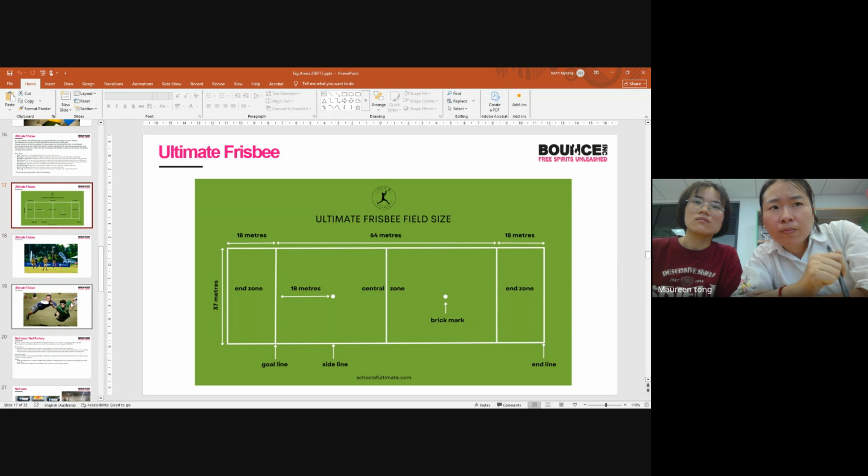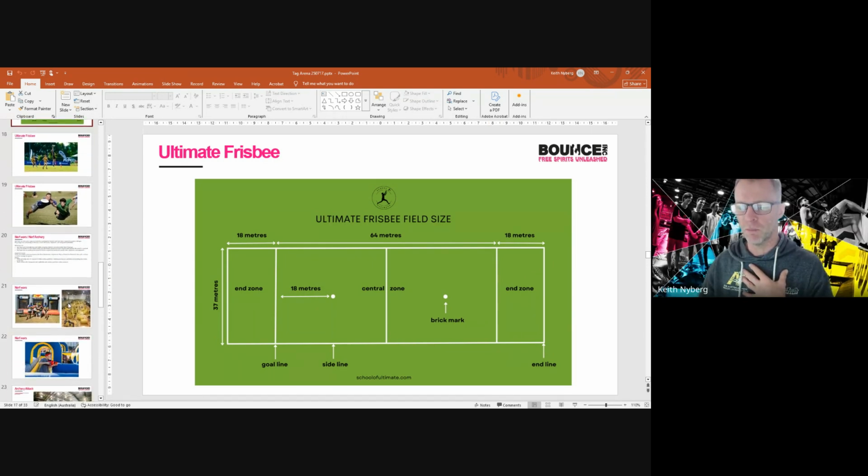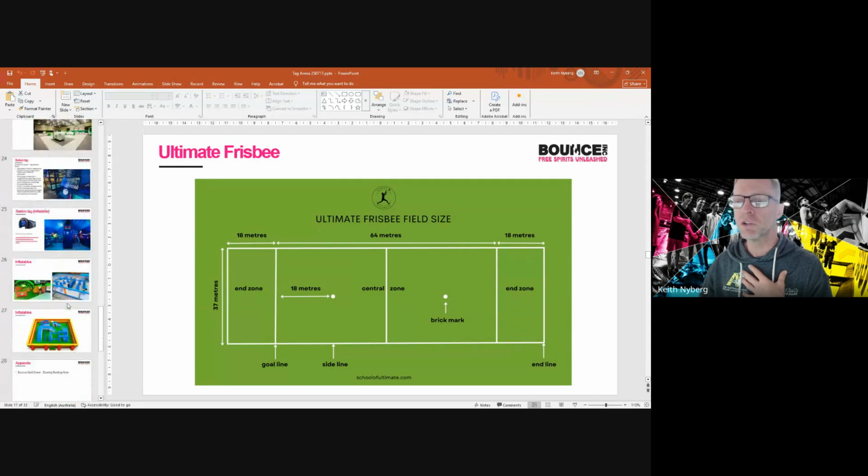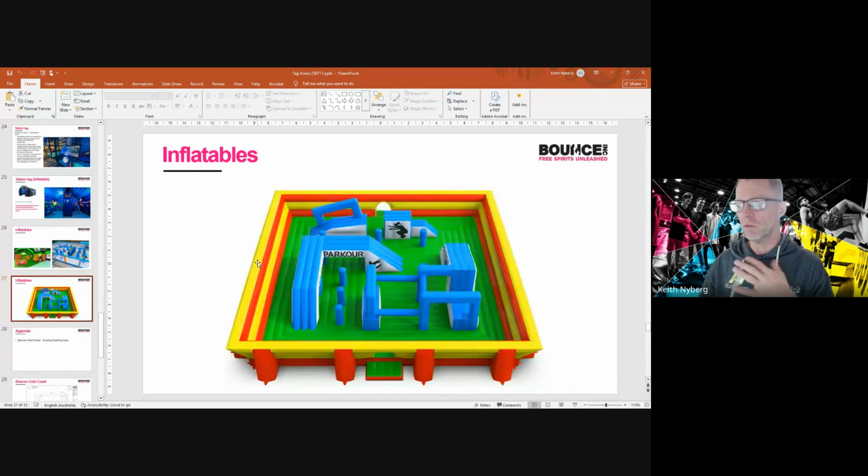So this is a multi-use space. I'll use this one as an example: if this wall was further back and there was an end zone here and an end zone here, you could still play that game even though there are obstacles in the middle of the field. You've just got to pass around them, and people could run up them and still do things.